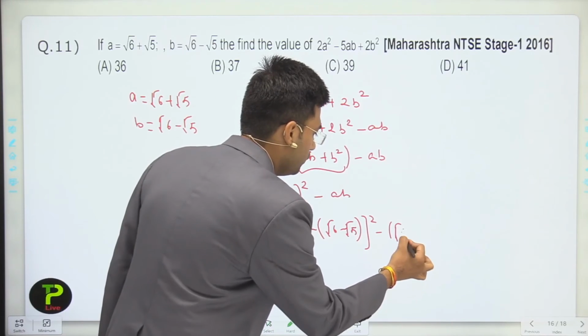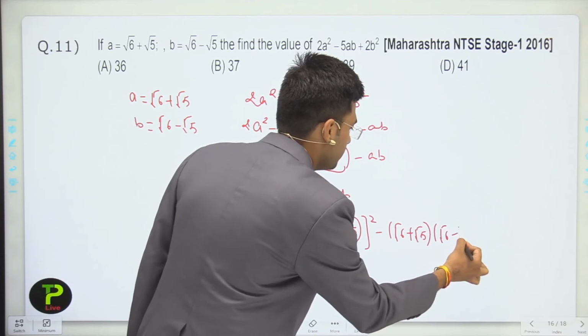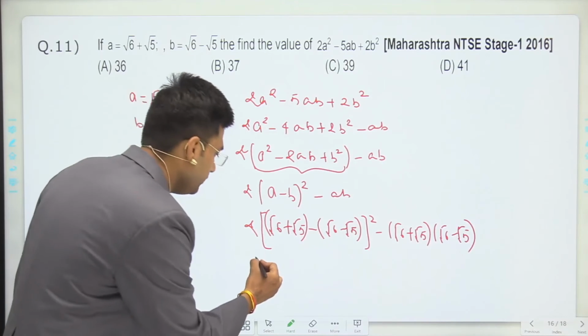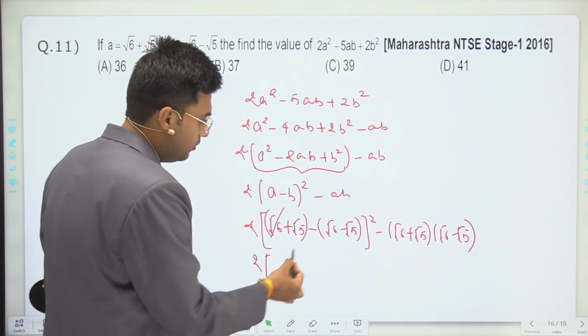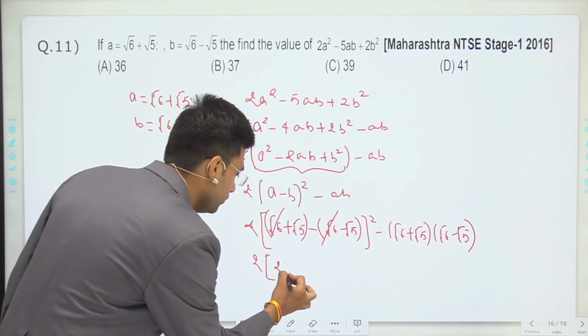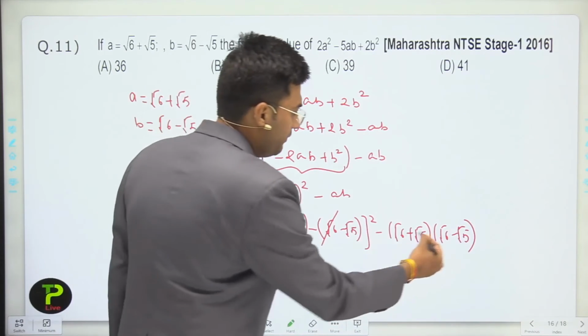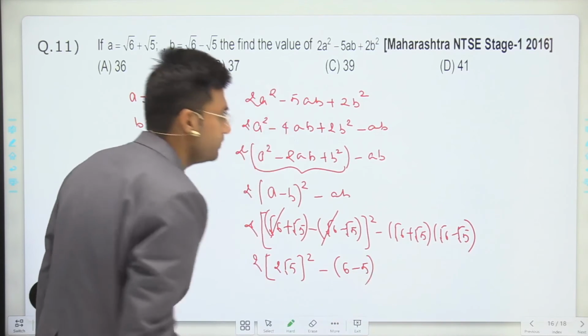So the product of root 6 plus root 5 and root 6 minus root 5 is equal to 2 times, dear students, here root 6 and minus root 6 cancel out, so we will get 2 root 5 whole square minus, and when we solve this we will get 6 minus 5.